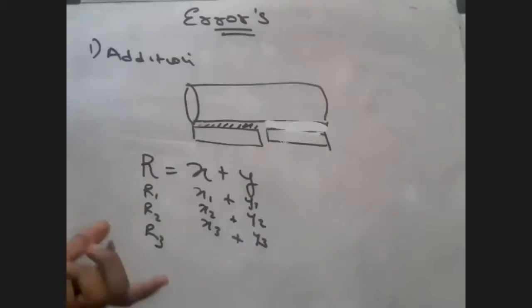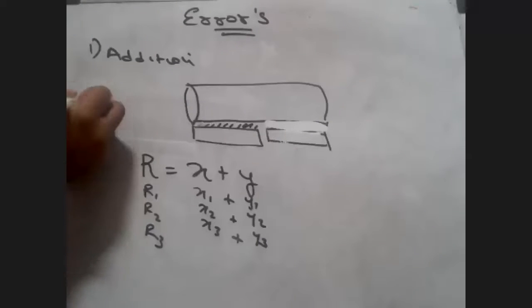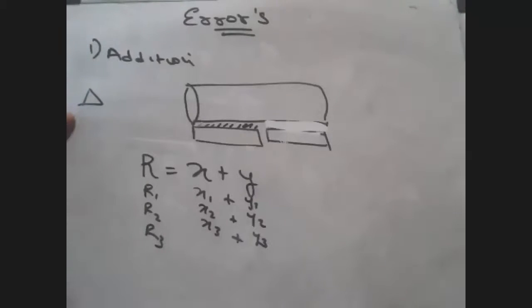So students, can I write it? See, look here. Change in anything in physics is denoted as delta. This small thing means change. So if I write delta r, it means change in r. If I write delta x, it means change in x. If I write delta y, it means change in y.